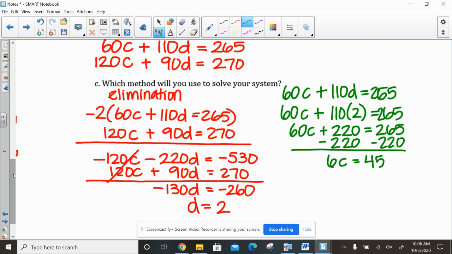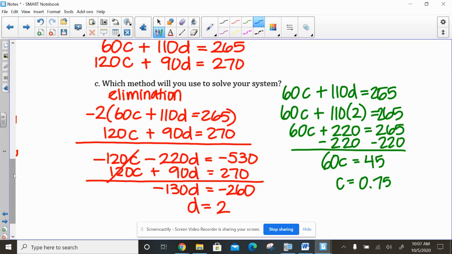Divide by 60. I was about to say, that is a very expensive candy bar. My bad. 45 divided by 60 gives me 0.75. So that means your candy bars are 75 cents.